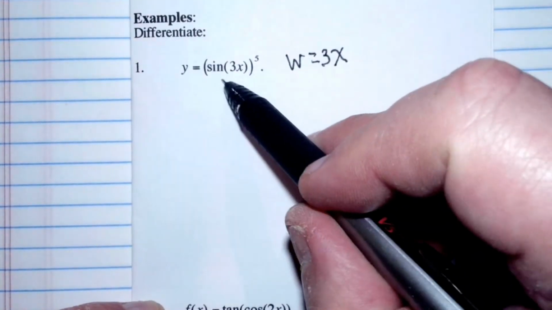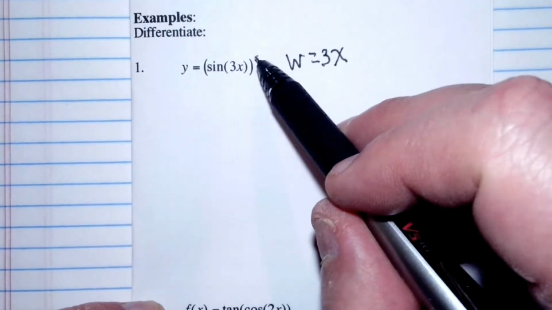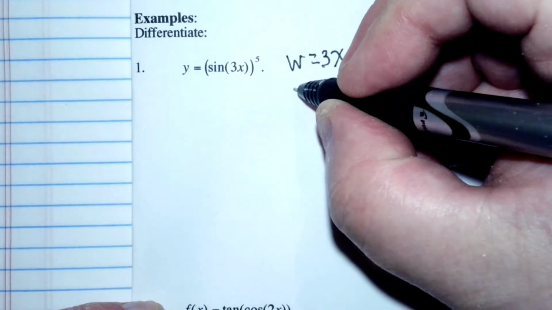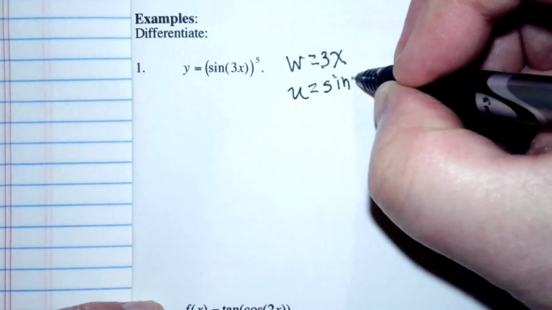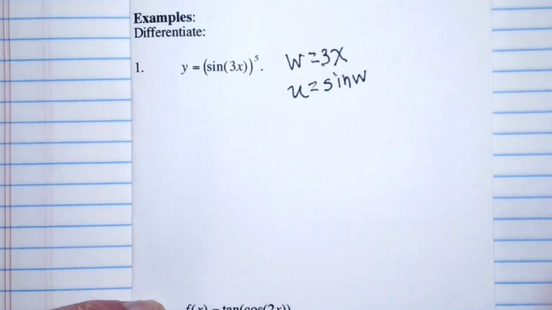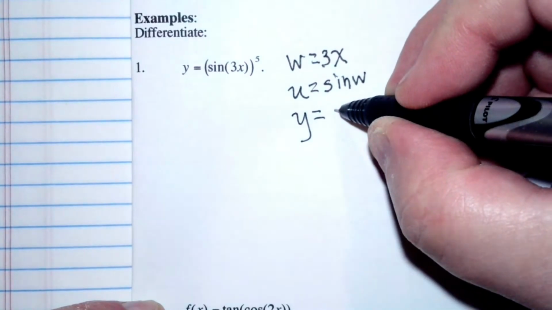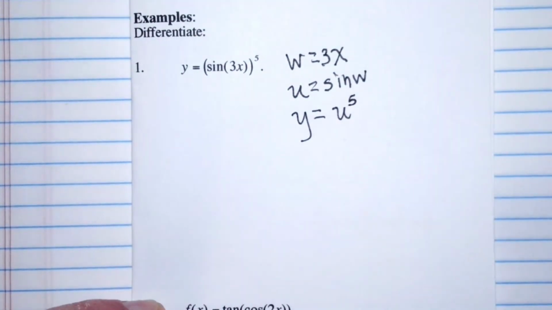Well, I would say the outermost function is the fifth power, but in the middle there's this sine function. So I'm going to let u be the sine of w, and then y is u to the fifth. All right?